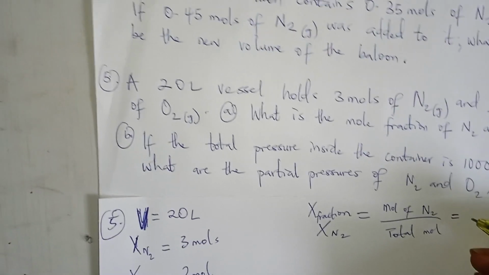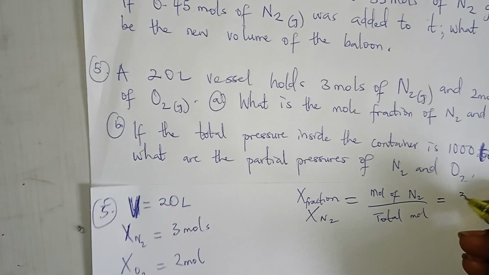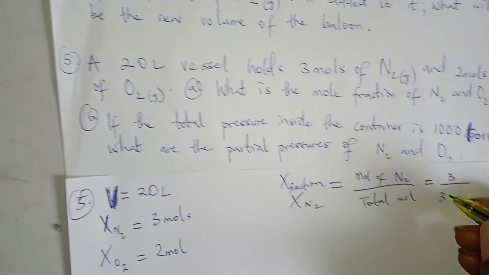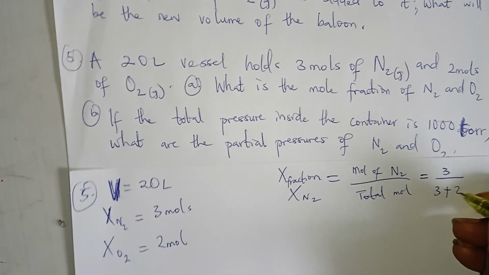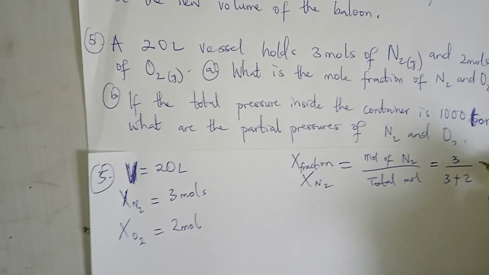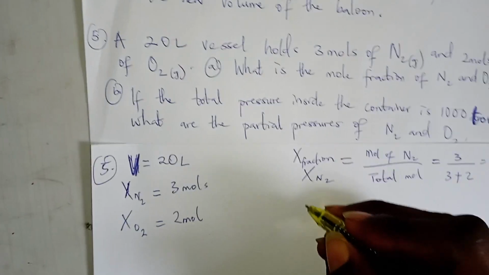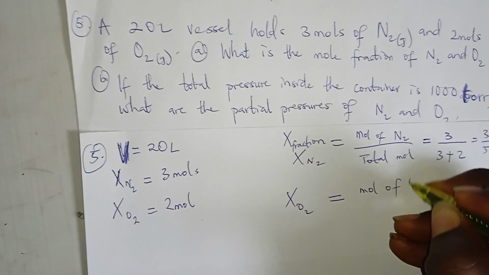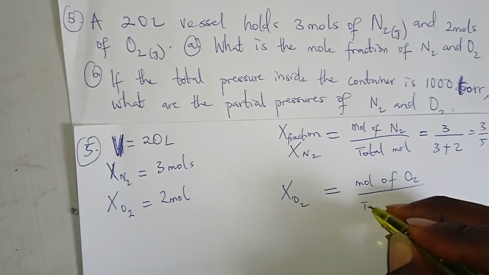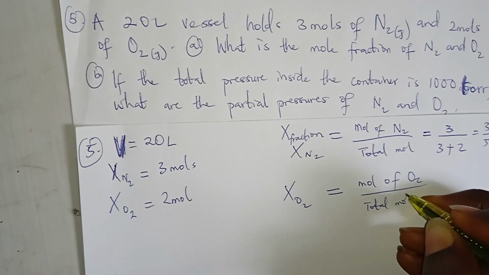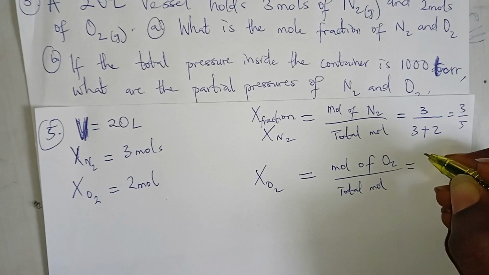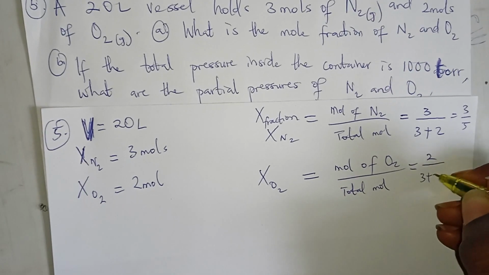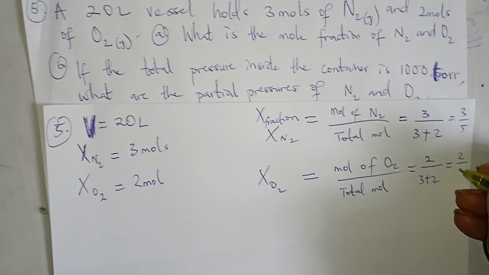N2 here is 3, all over total mole, which is 3 plus 2, which equals 3 over 5. So mole fraction of O2 is equals to mole of O2 all over total mole, equals 2 over 3 plus 2, equals 2 over 5.